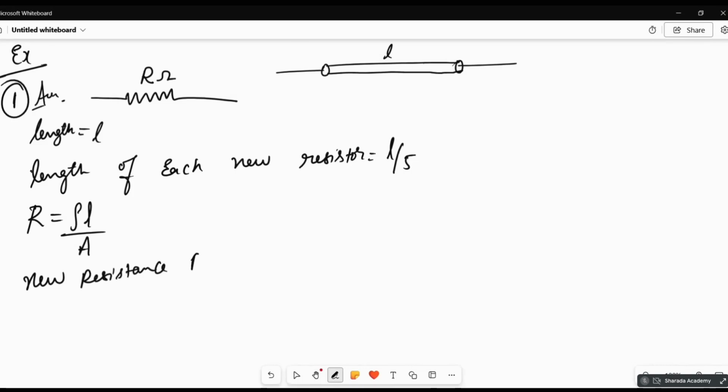If I take it as R1, that is equal to rho into L by 5 by A. That is R by 5, because rho will not change, area of cross section will not change. So if you cut that into 5 parts, each resistor length will become L by 5, so the resistance of the new resistor will be R by 5.